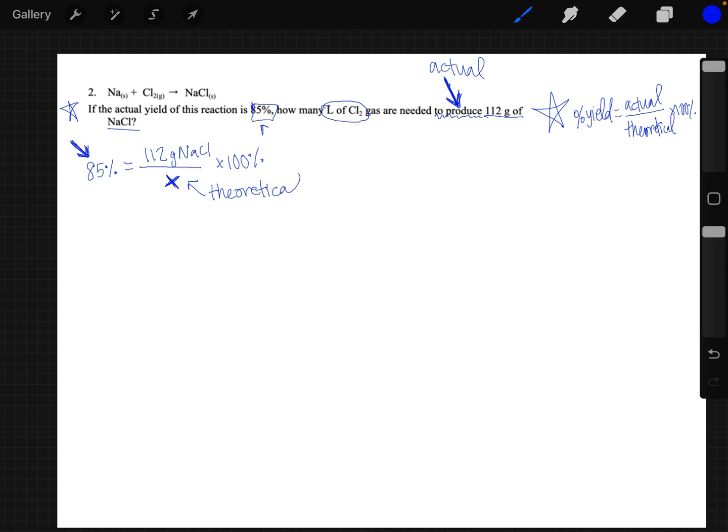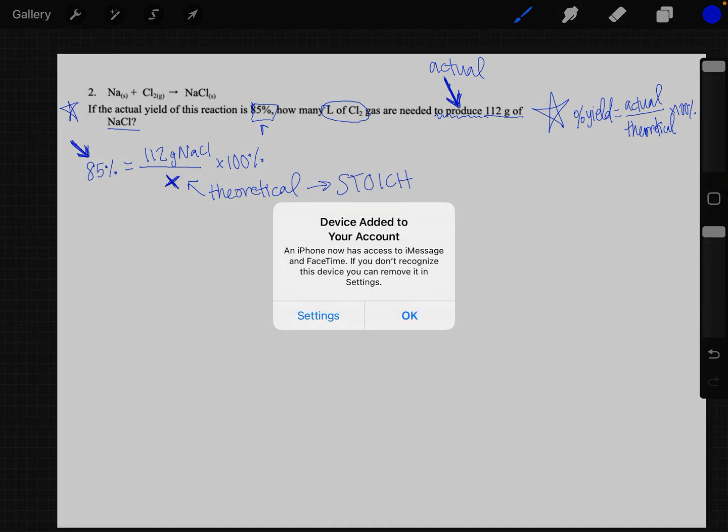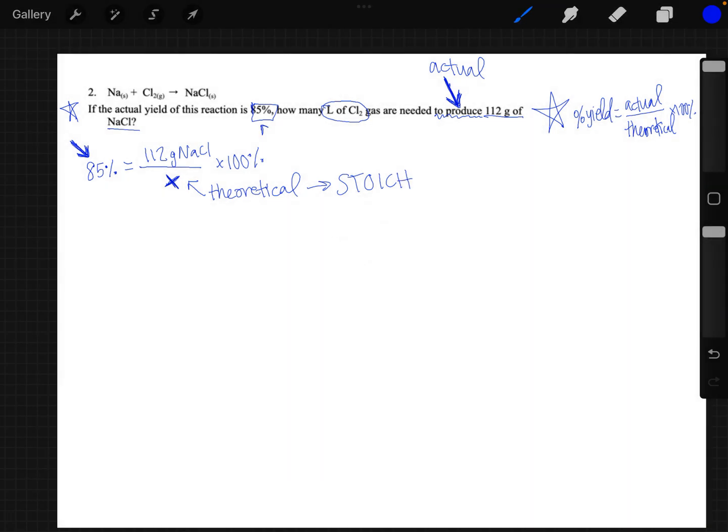And the way we usually find theoretical is by doing a stoic problem. Okay, so you're going to go ahead and solve for x. So I'm going to divide both sides by 100 so that I can start isolating variables. So I have 0.85. Okay, now I'm rid of that 100. And that's going to be 112 grams of NaCl divided by x, which is my theoretical.